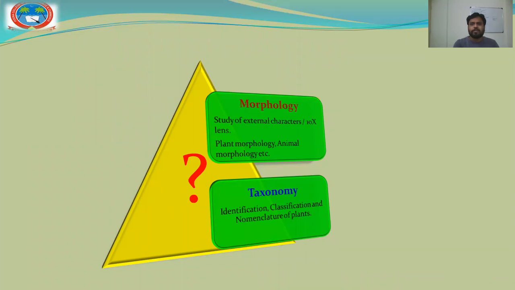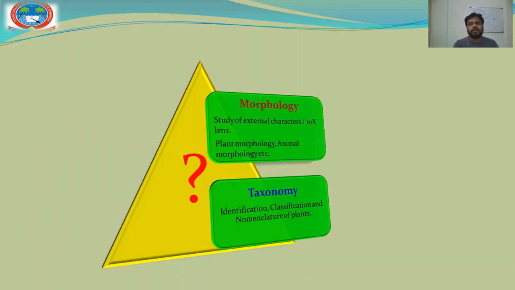That is called morphology. If the organism is a plant, that is called plant morphology. If you are studying animals, that is called animal morphology. If you are studying bacteria, bacterial morphology, and so on. So that is the basic study of what we can see about the organism.